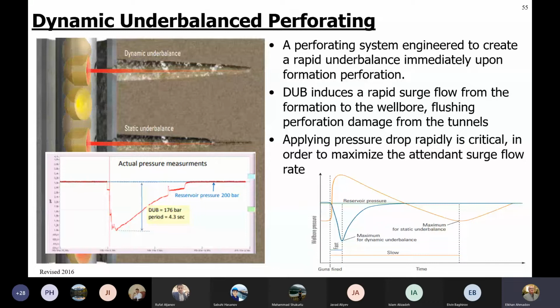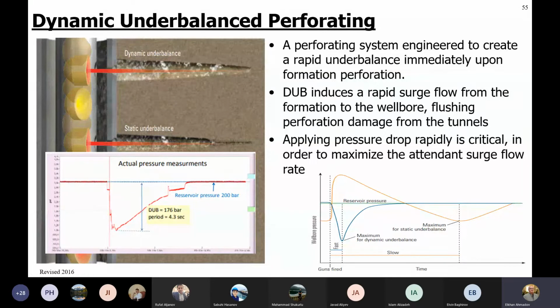If we design our perforation operations incorrectly, static underbalance may cause some kick or blowout to the surface.